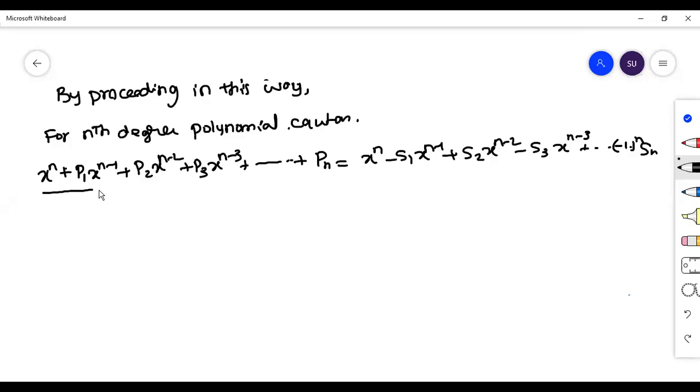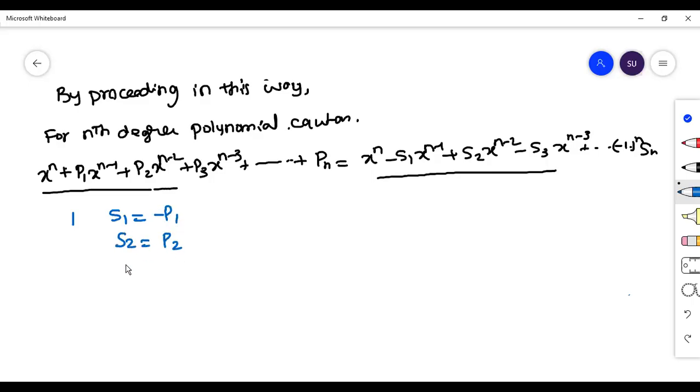So this is the nth degree polynomial equation, and these are the relations using sum of the roots and product of the roots, that is S1, S2, S3 like that. Now comparing these two relations on both sides, you will get S1 is equal to minus P1, S2 is equal to P2, S3 is equal to minus P3, S4 is equal to P4.